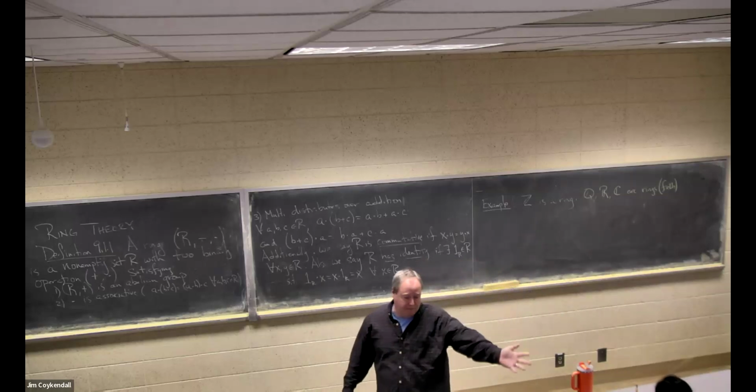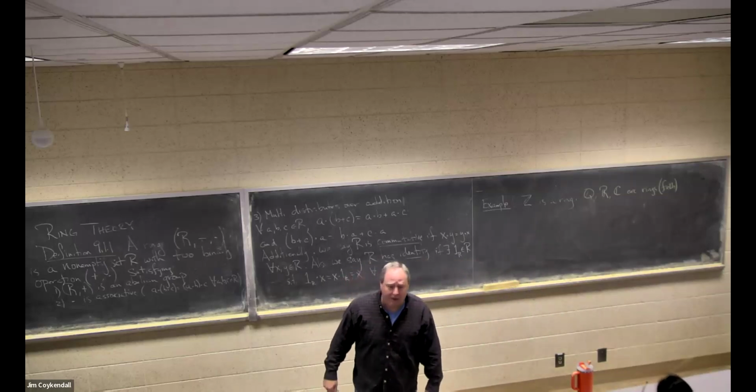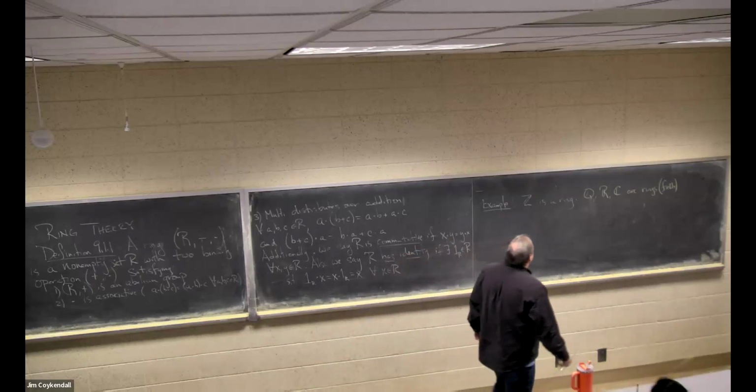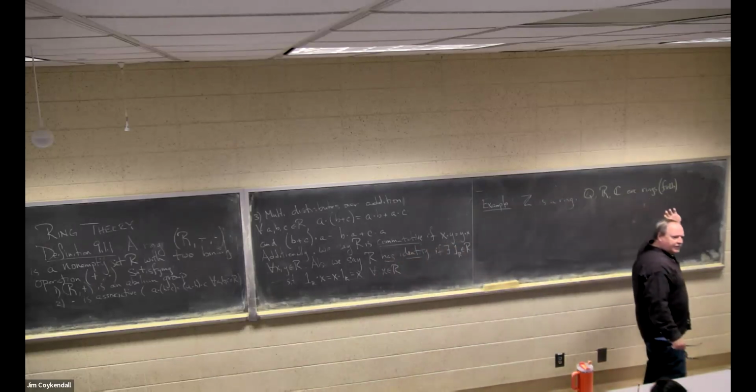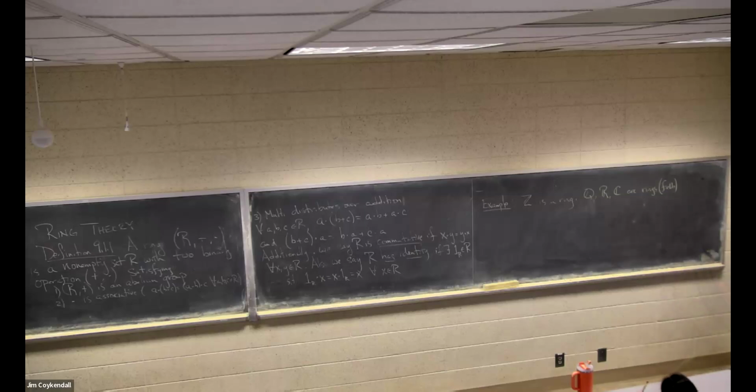You've all probably heard of it from linear algebra, right? Can anybody tell me the structural difference between the complex numbers C and the real numbers R compared to Z? What's the structural difference about them? Well, that's true for all of them. Is there something that's different about it?